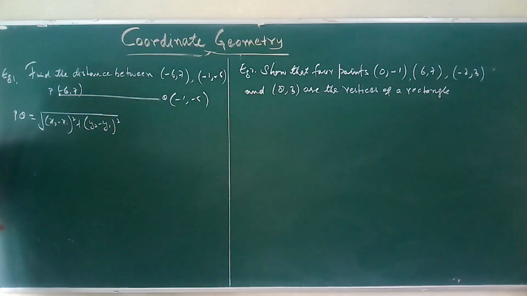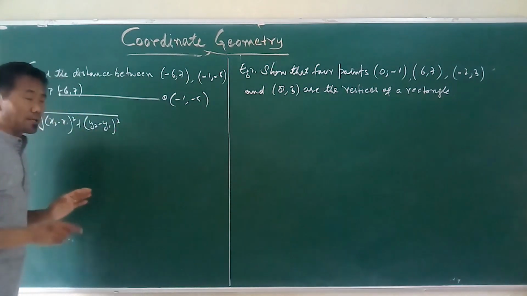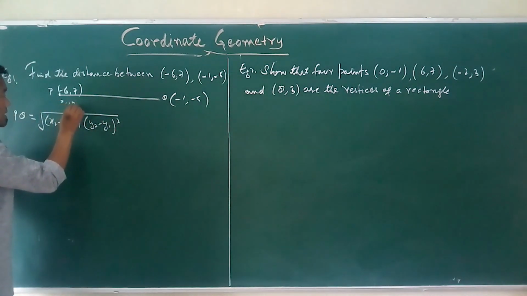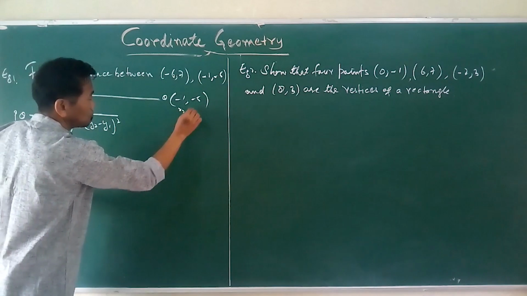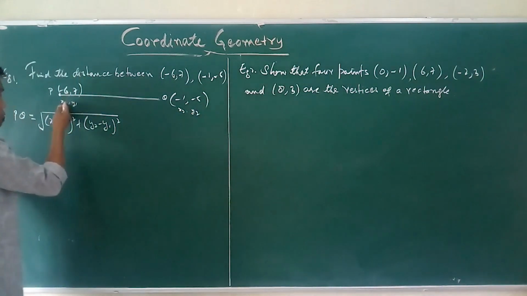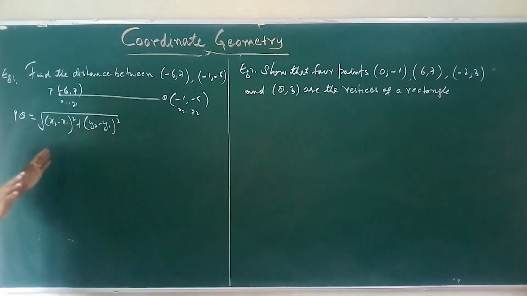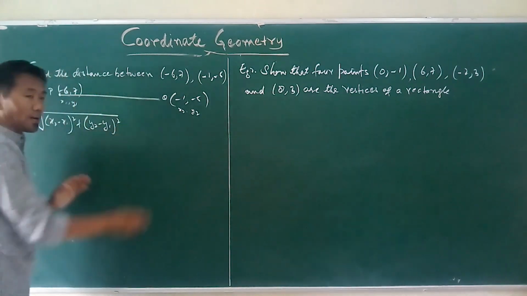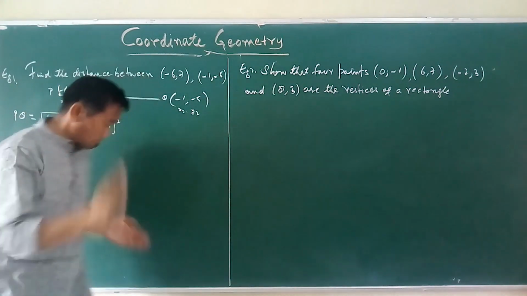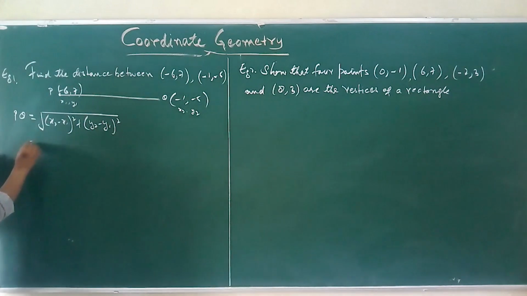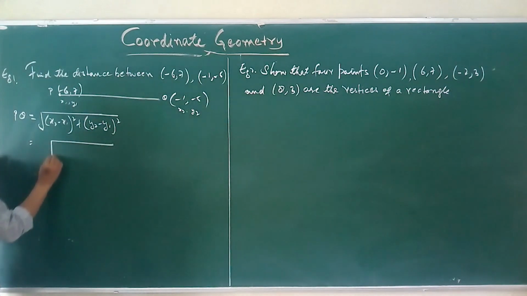In the formula, x1, y1 are the coordinates of the first point and x2, y2 of the second.